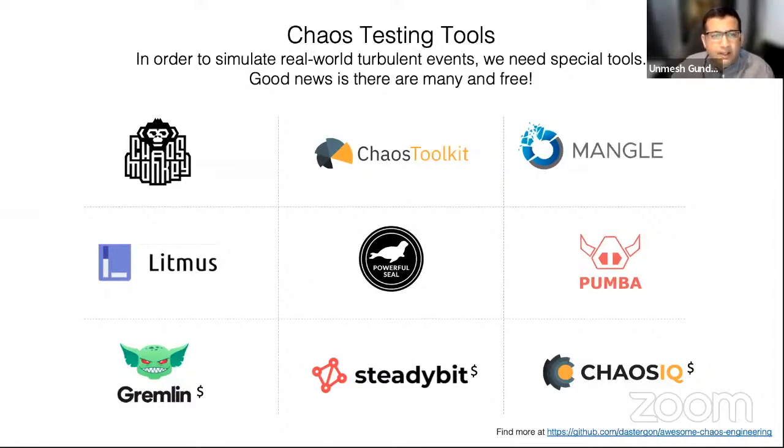So I just listed some of the major tools that are available. In fact, AWS and Microsoft also announced their own fault simulation tools as part of their offering. Some of the popular ones are Chaos Monkey, Chaos Toolkit, and Gremlin. Gremlin is one of the paid enterprise chaos engineering platforms that you can use.